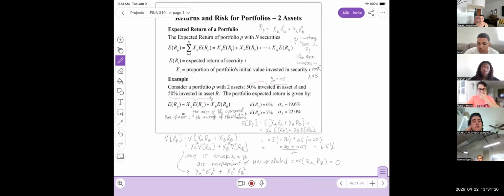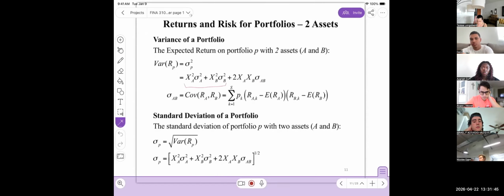If you're holding both stocks in your portfolio, you're going to have exposure to both of them. And if they're related to each other, you have to think about how that's going to impact your exposure to the volatility of holding them together. So there's this extra term. This is the covariance of A and B. If the covariance of A and B is 0, then this falls away and you're left with just that.